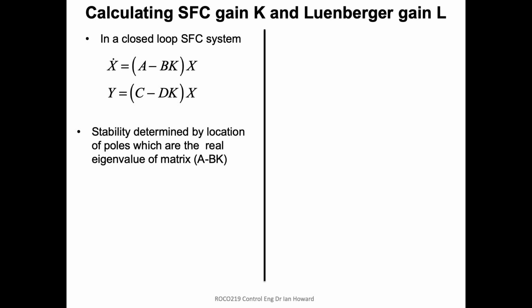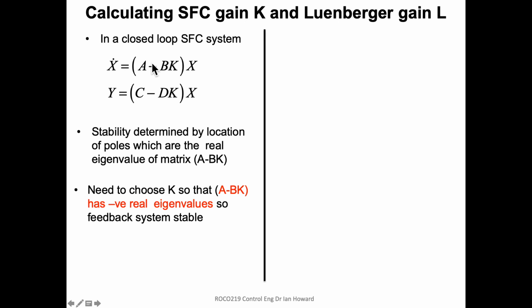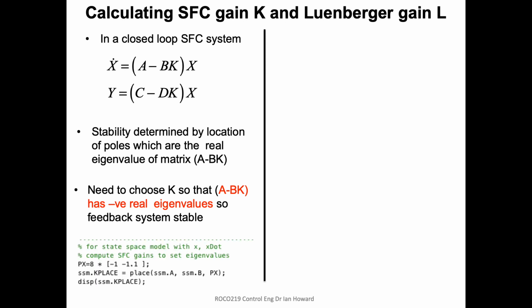Stability is now determined by the location of the real part of the eigenvalues of A minus BK. We want the eigenvalues of A minus BK to have negative real values, so basically the system will end up going to 0. It's not going to build up and up and up.